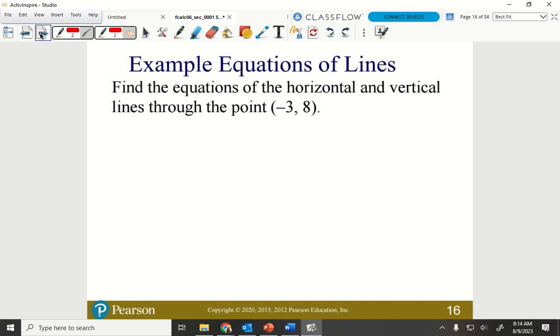Don't feel bad if you have to look back. There's a reason why I give you fill in the blank notes. Label it horizontal, then get the equation. Label it vertical, and then give me the equation.